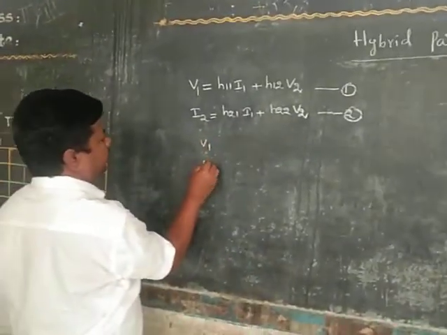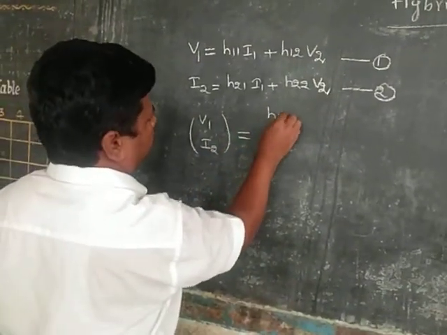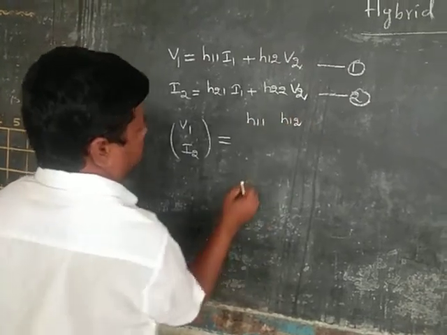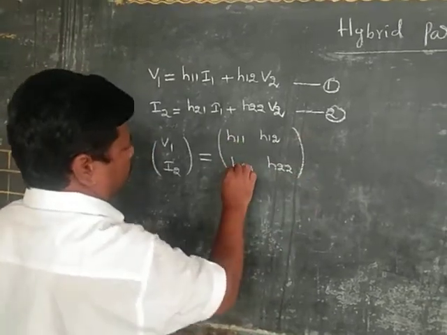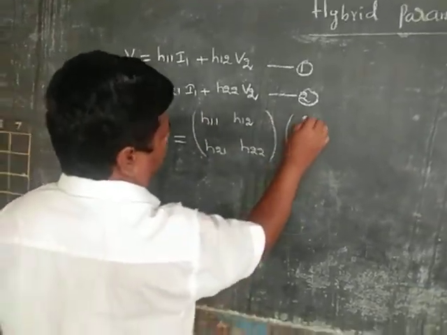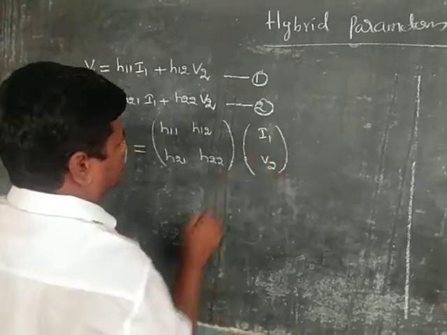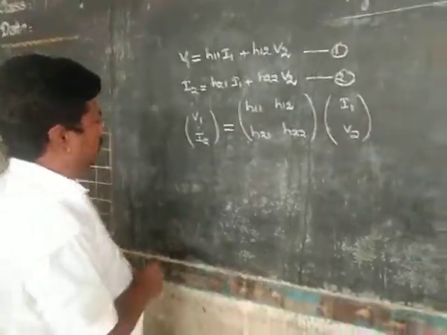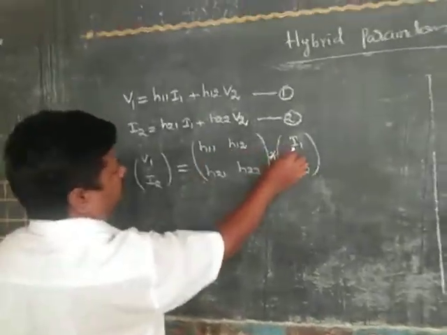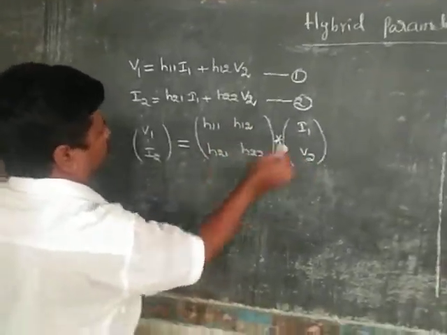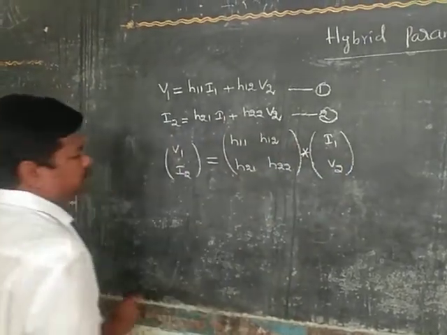In terms of matrix, [V1; I2] is equal to [H11 H12; H21 H22] times [I1; V2]. It is a product giving H11 I1 plus H12 V2, and H21 I1 plus H22 V2.